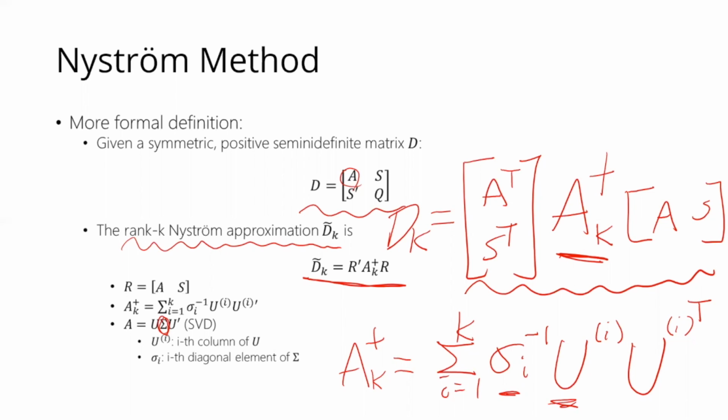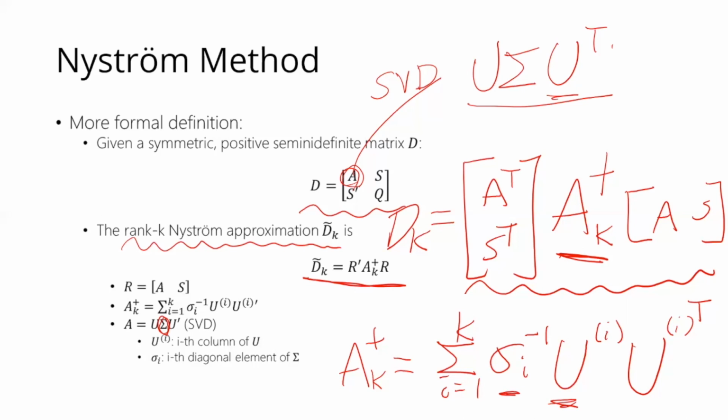So what it basically says is, for a given A, I can do singular value decomposition, and as a result, I'm going to have U times sigma times U transpose. The reason why we have U instead of V is because A is a symmetric matrix, right? And then from this, we can get the ith column, the ith singular vector of A.